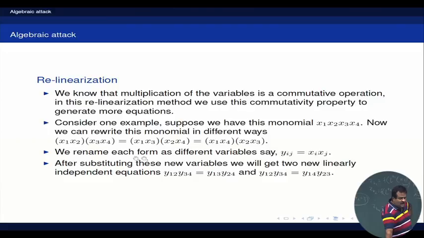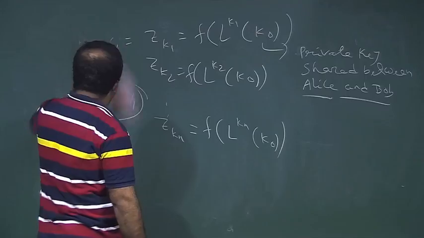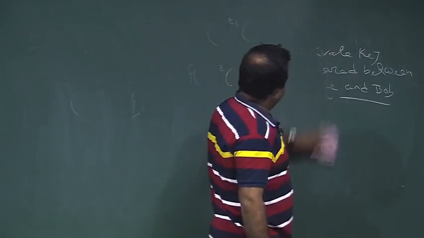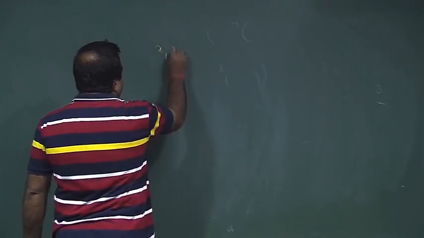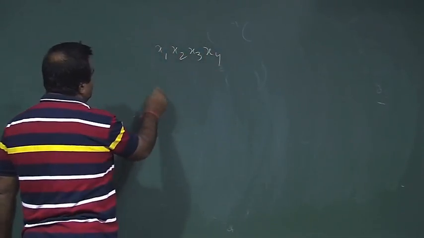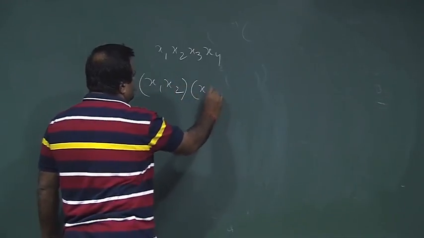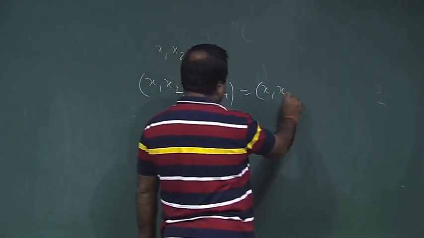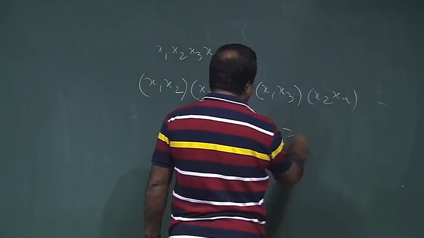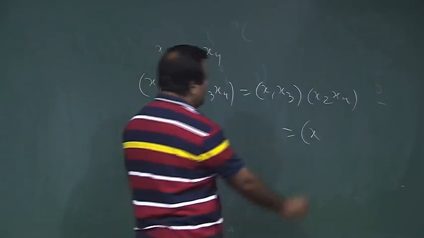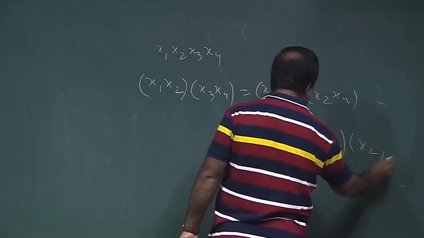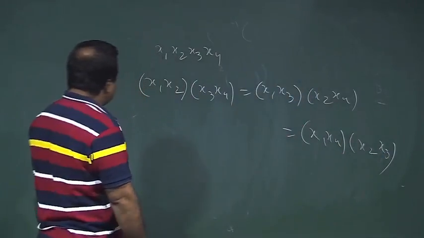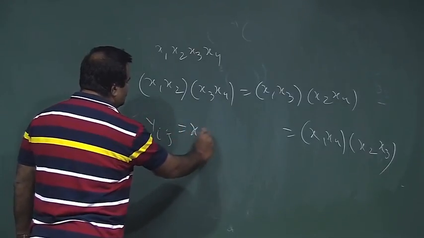Then we rename each of these different variables as yij, so this is y12, this is y13. So yij is xi xj.